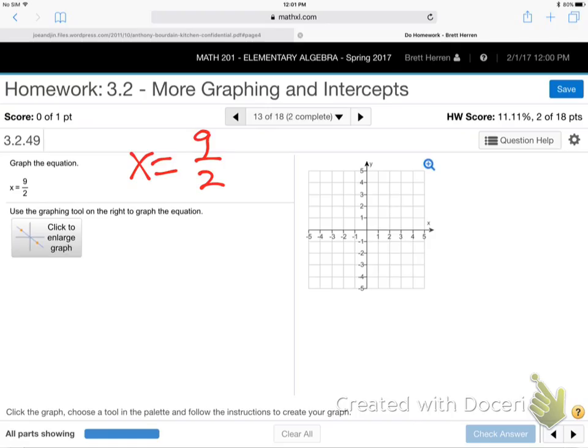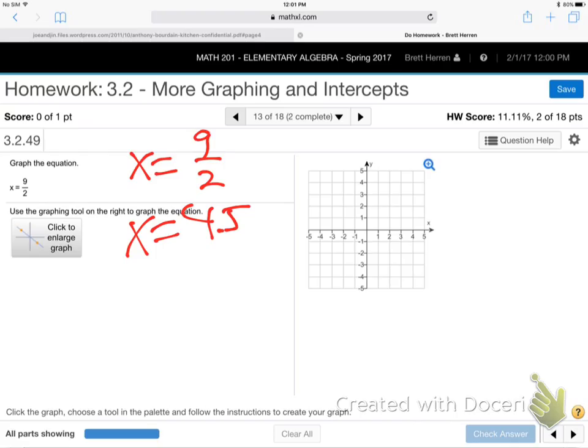Not true. Remember, in y equals, the fraction has to be next to x to be a slope. That is not next to x. That's not a slope. What is it? Divide it on your calculator. It's 4.5. That's just x equals 4.5. Does that make sense?